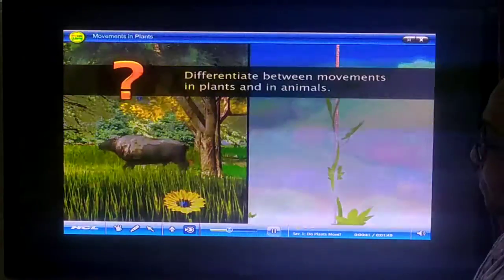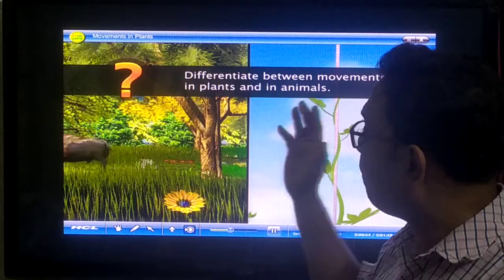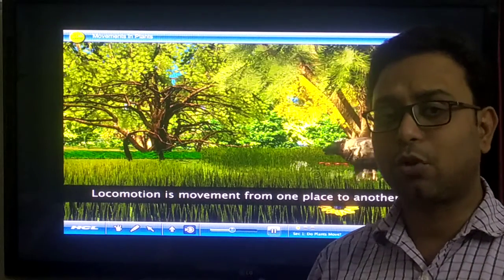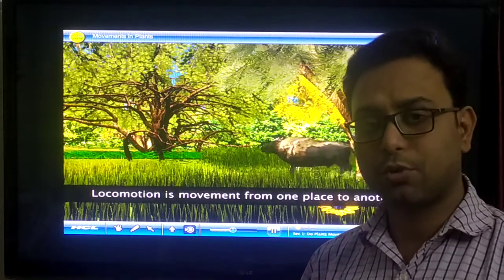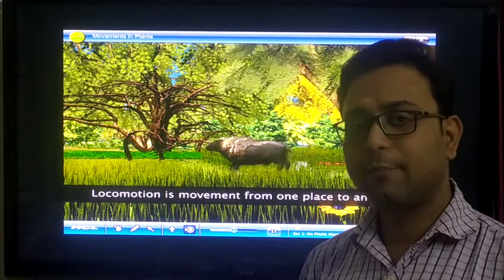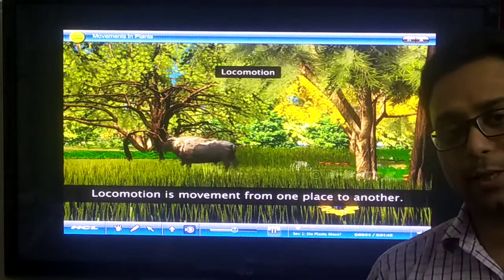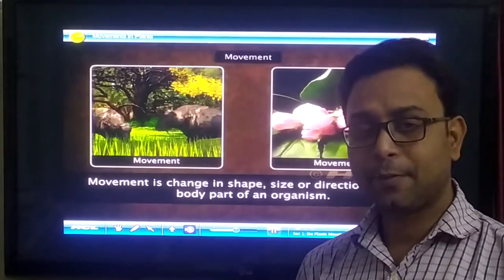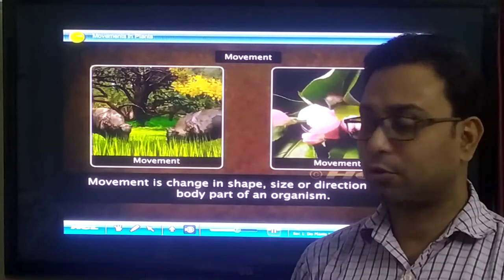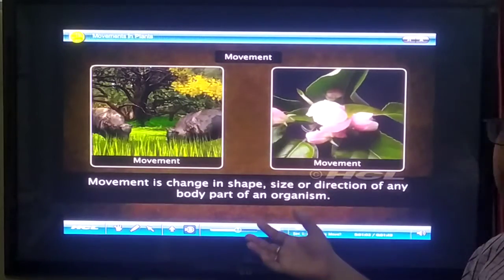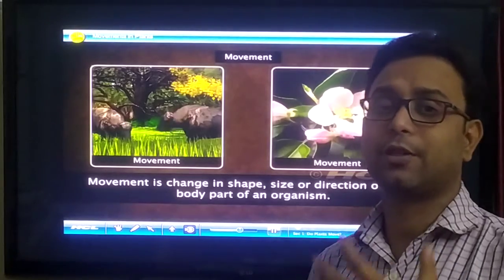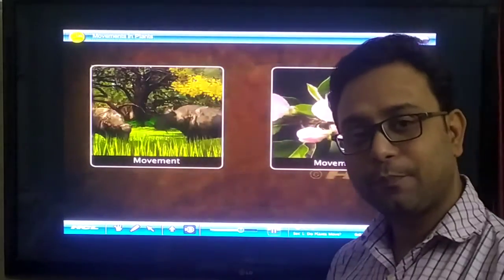But why is the movement of plants and animals so different? Why do plants not require locomotion? Because plants are autotrophic in nature, they can produce their own food by the process of photosynthesis. But animals cannot produce their own food, so they need to search for food.